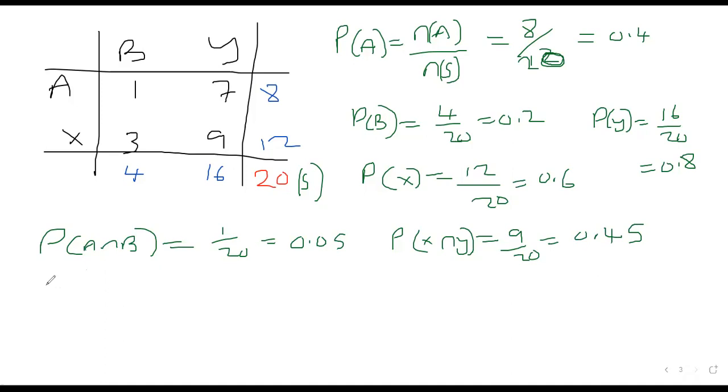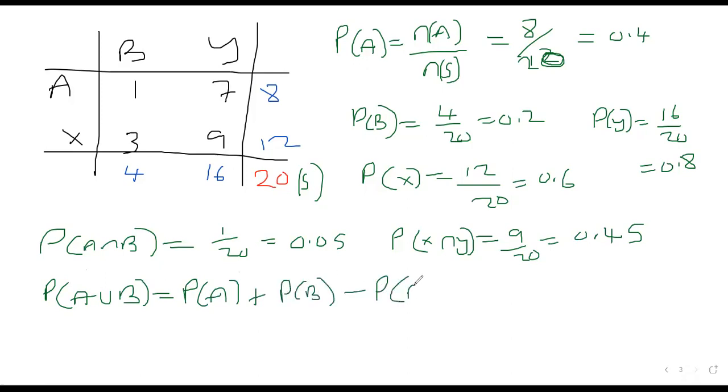So the union set is the most consistent formula. A union B. How do you find A union B? Probability of A plus probability of B minus intersection of A and B. So what's the probability of A? We found it was 0.4.